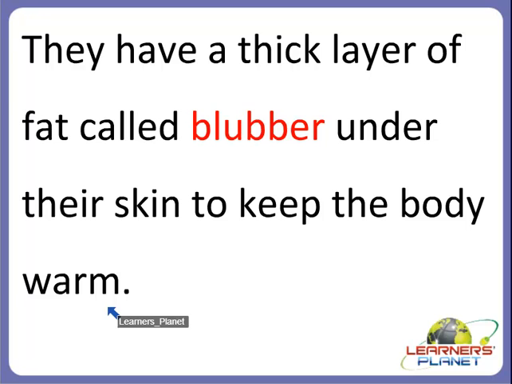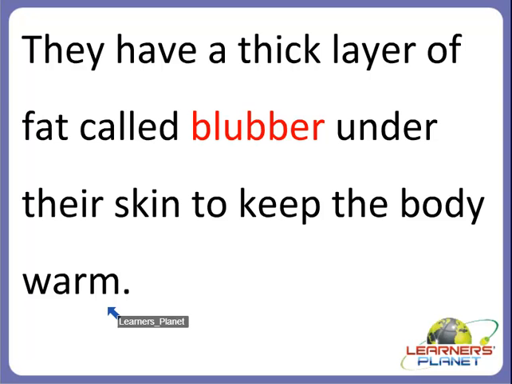As we saw that there are some animals that live in the mountains and polar regions, and they have thick fur on their body which protects them from cold, right? But the animals that live in the freezing conditions have a thick layer of fat. They do not have a layer of fur.